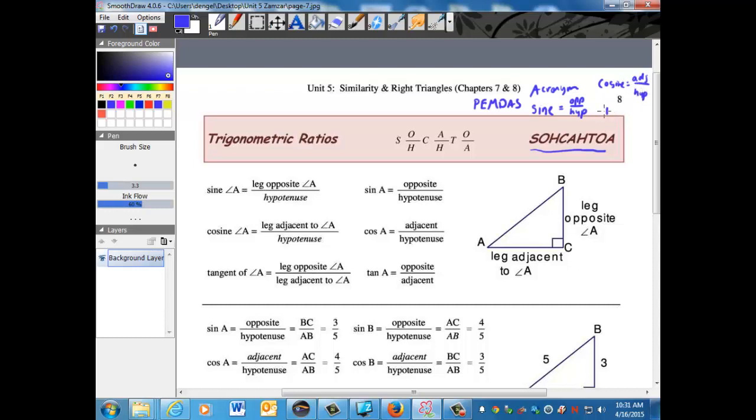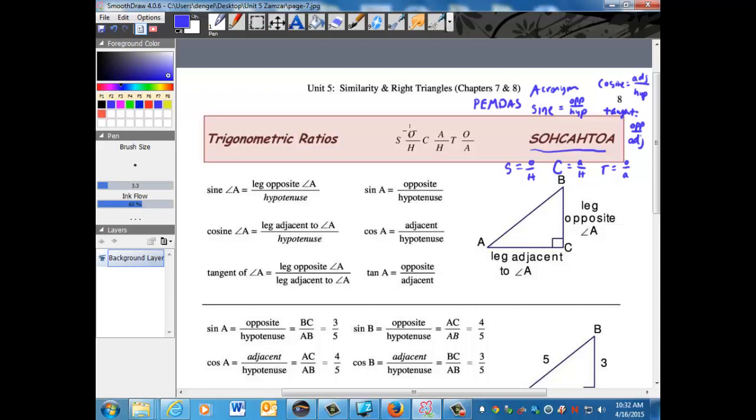And then tangent, T, is going to equal opposite side over adjacent. And so the reason why we have this is that it helps us remember sine equals opposite over hypotenuse, cosine equals adjacent, A, over hypotenuse, and then tangent equals opposite over adjacent side.